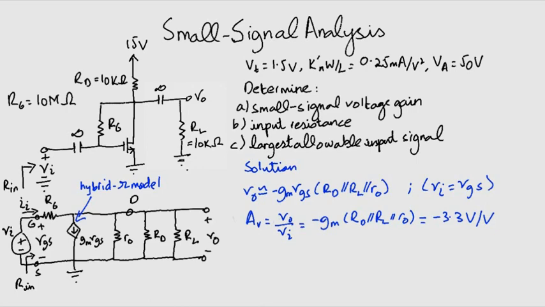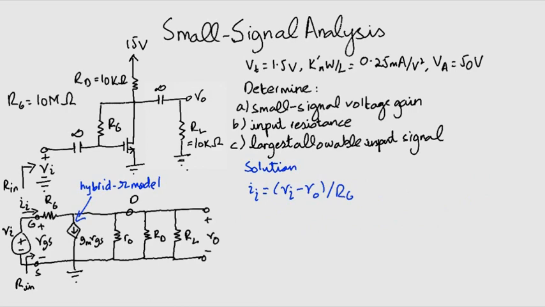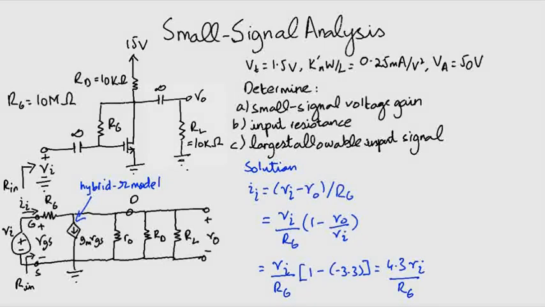To find the correct answer, we have to evaluate an expression. This one. We had ignored this current in part A because it was insignificant compared to gmVGS. However, here it has significance. So solving this, we have this expression and we put in the values to find Ii equals 4.3 Vi divided by RG.